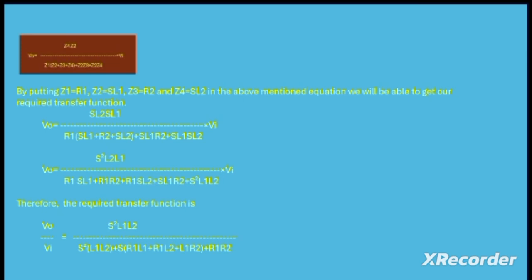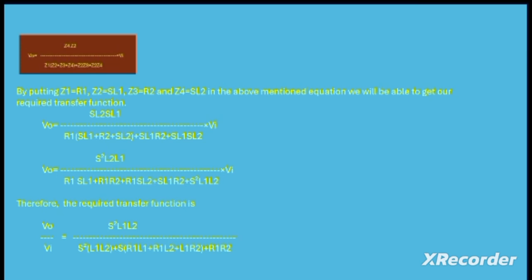We will get Vout equals, the numerator becomes S squared L2 L1 multiplied by Vi, over R1 SL1 plus R1 R2 plus R1 SL2 plus SL1 R2 plus S squared L1 L2.